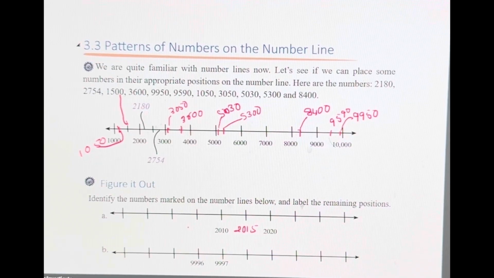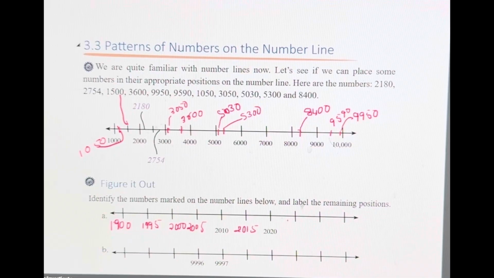So what will be before 2010? It will be 2005. Here it will be exactly 2000. This is 5 less than that, right? So it will be 1995, and this is 1990. So you can see you are jumping 5.